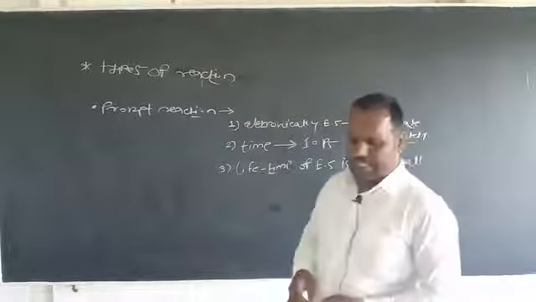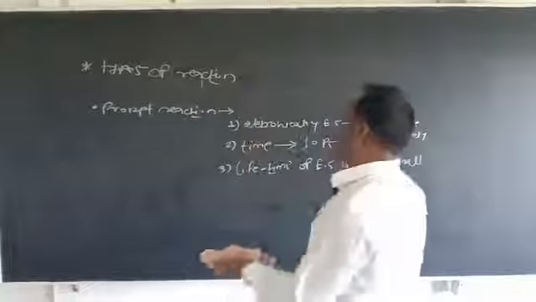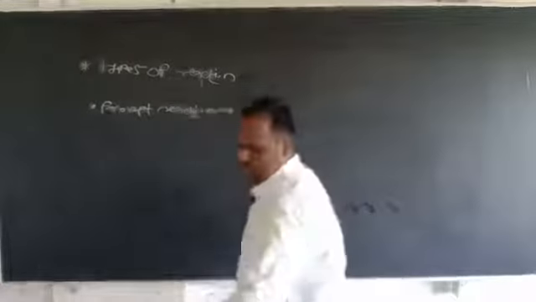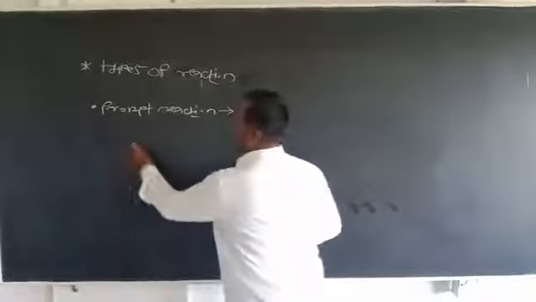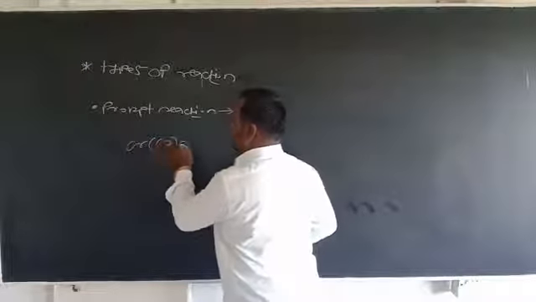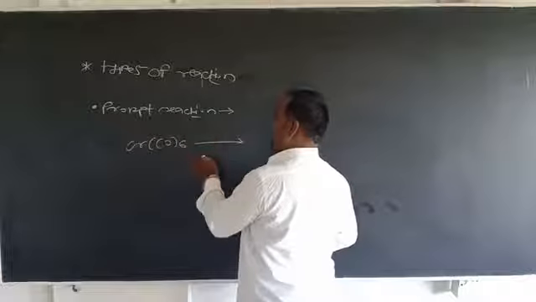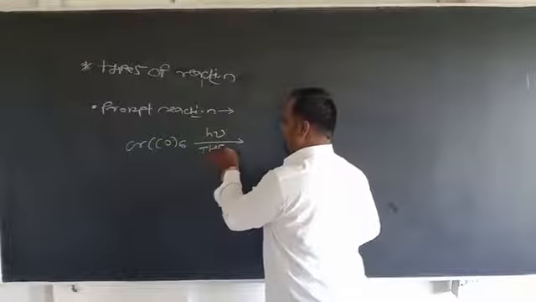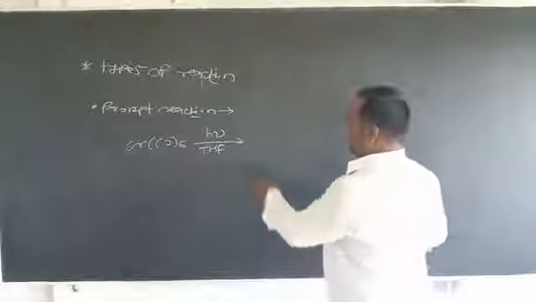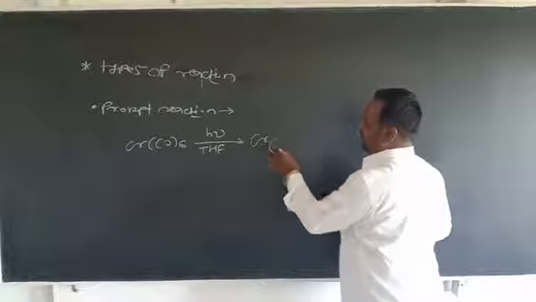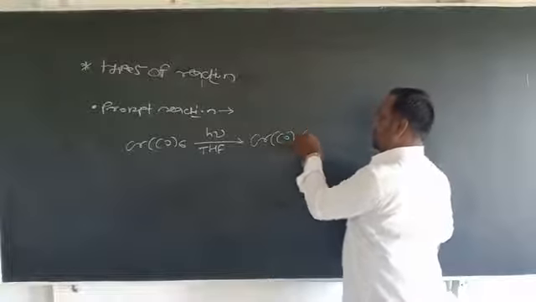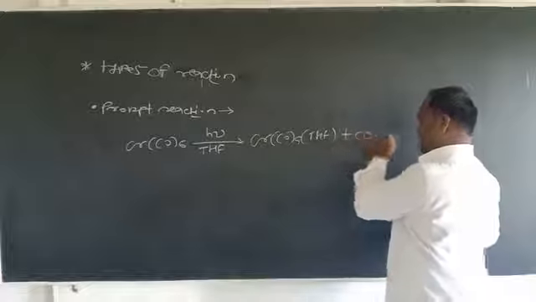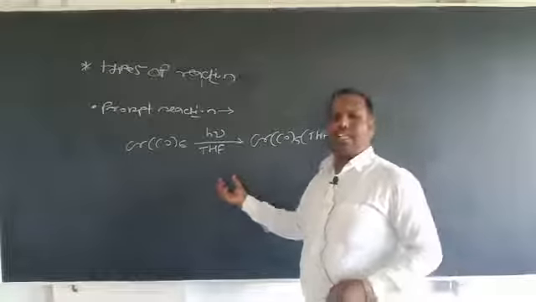So let us see some examples of this prompt reaction. The first example is Cr(CO)6 in the presence of hν, that is light radiation, and in the presence of a solvent such as tetrahydrofuran, it will convert into Cr(CO)5(THF) plus one CO. So this is a decarbonylation reaction.